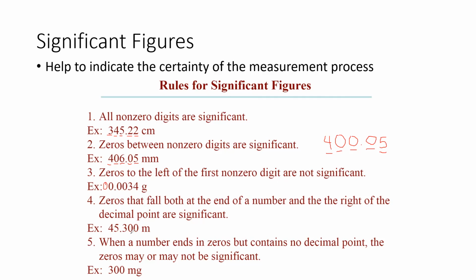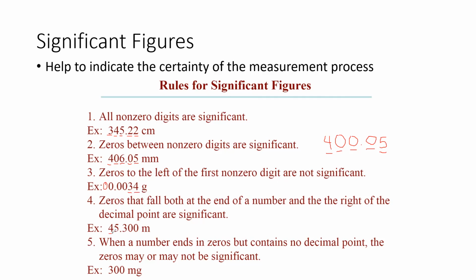But with number 4, we're going to see the opposite. If the zeros are at the end of the number to the right of a decimal, in this case, it's going to be because they help us increase the certainty of that measurement. So if you think about 45.300 versus just 45.3, in the case of the one we have here, I should underline these because we've got two sig figs there.